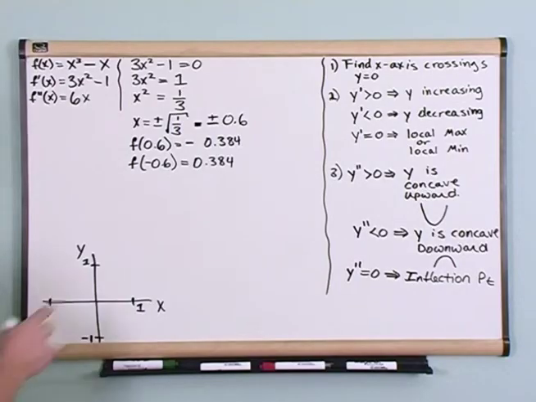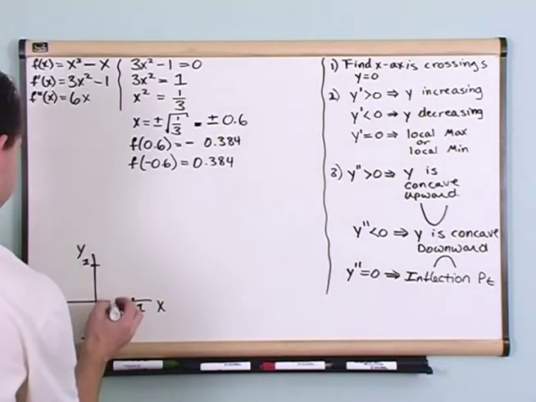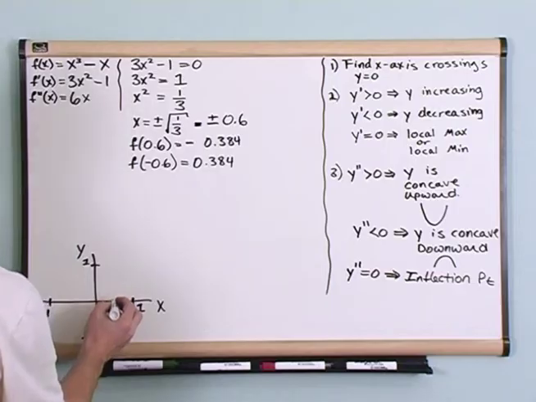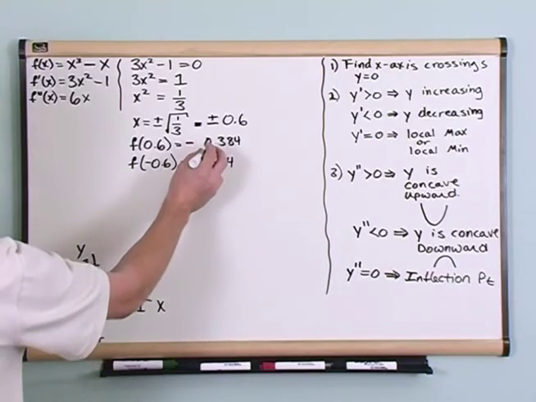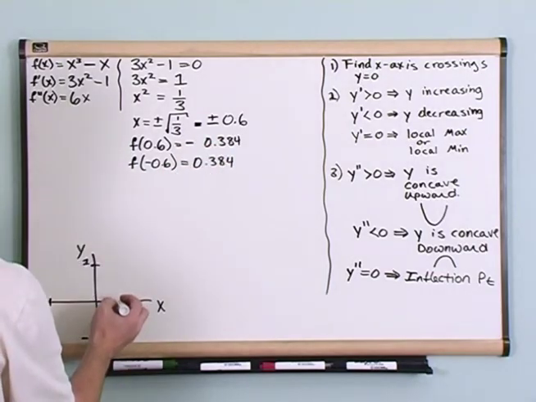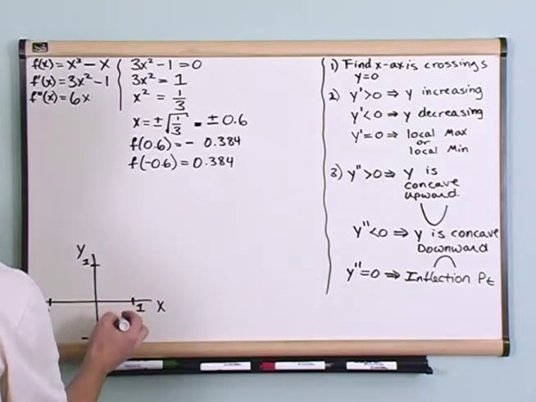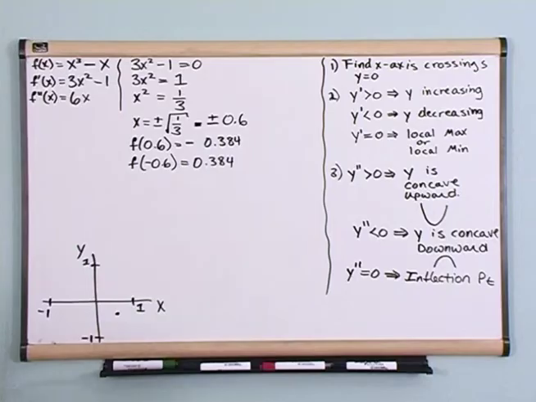Okay? So what we have said is that at x is equal to 0.6, which is just a little bit past half, and negative 0.384, okay? So roughly right around there, at that point, we have either a local maxima or a local minima.